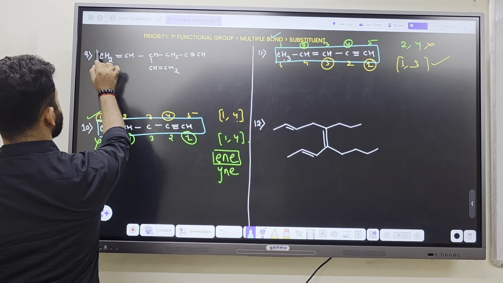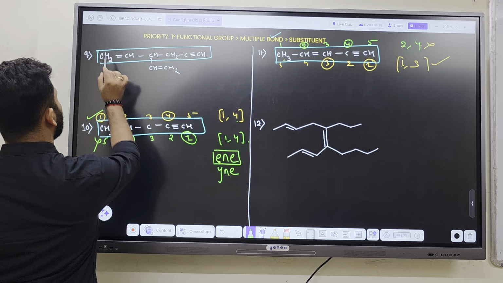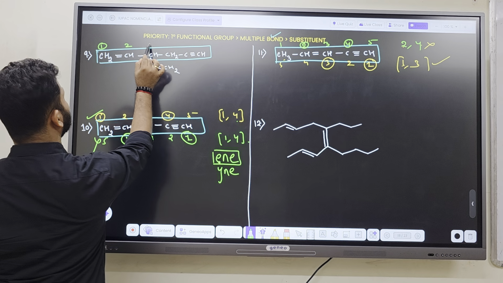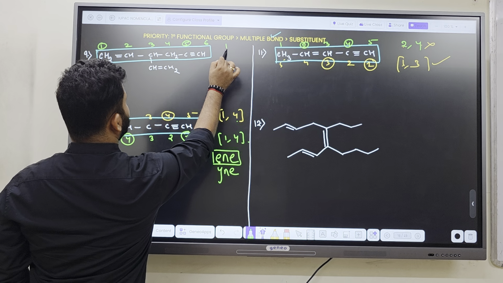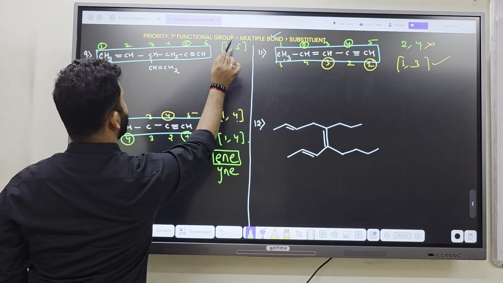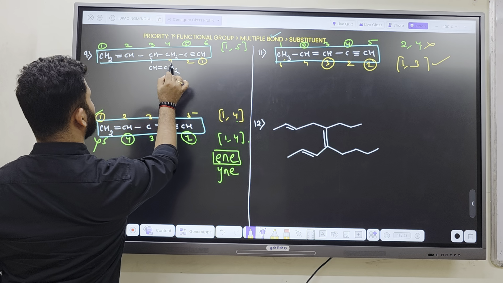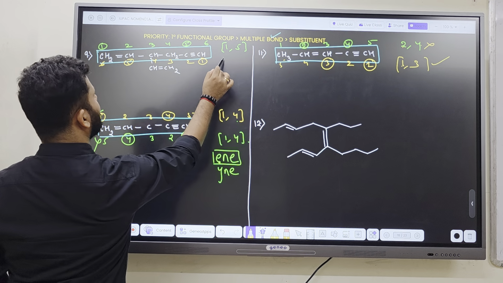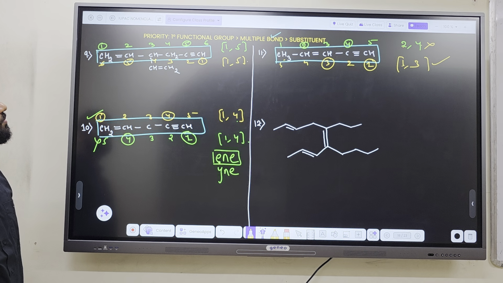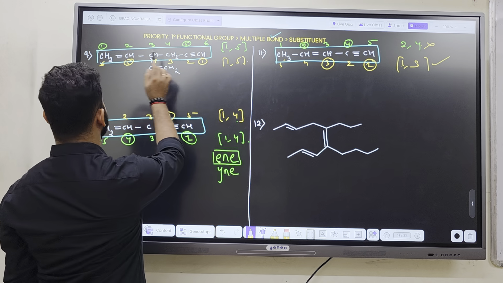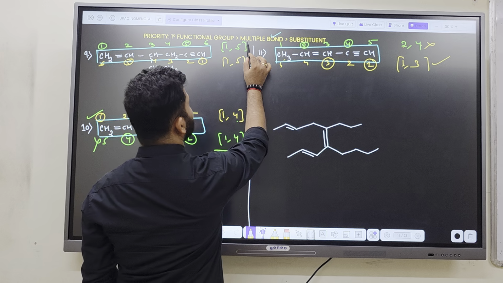Check out this one. Whether to go from left to right or right to left. Sir, 1 at first position, 2, 3, 4, 5, 6. Multiple bonds are present at position 1 and at position 5. Fine. And if you go the other way around, the opposite direction, 1, 2, 3, 4, 5, 6. Again 1, 5. So since the multiple bond locants are same, we cannot resolve the doubt over here.